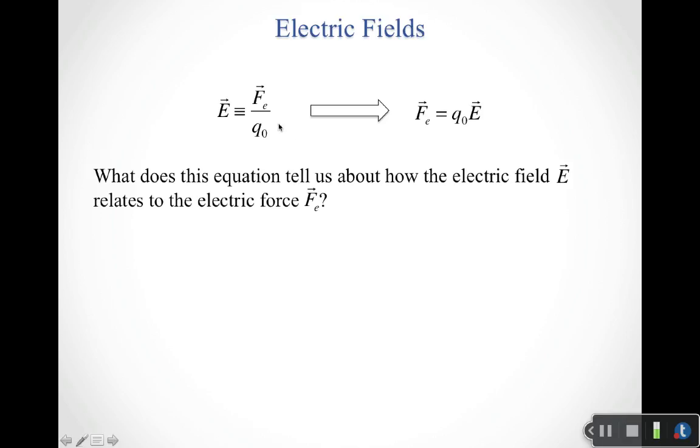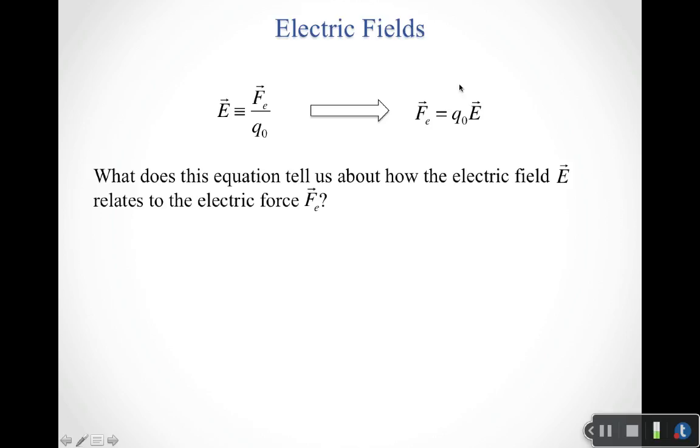So what does this mean? A couple of things here. One is, notice that we can rewrite this equation and think of it two ways. This is how we define the electric field: it's the electric force per test charge. But we can also think of it this way: the electric force is just going to be the test charge you choose to bring into the electric field times the electric field itself.